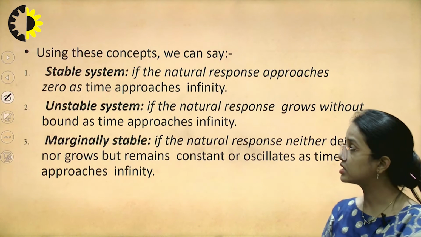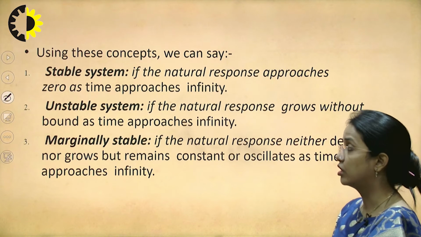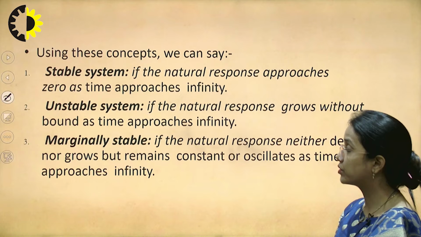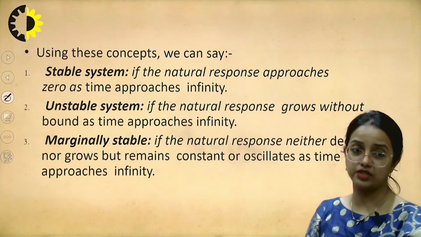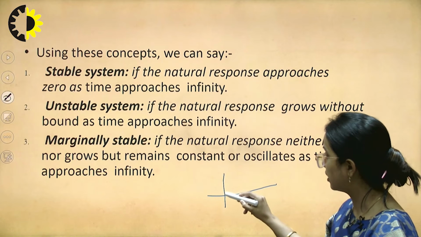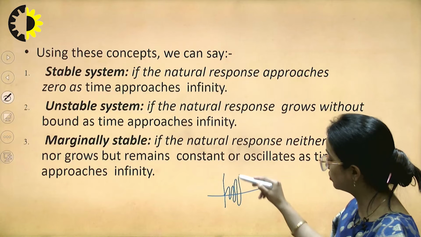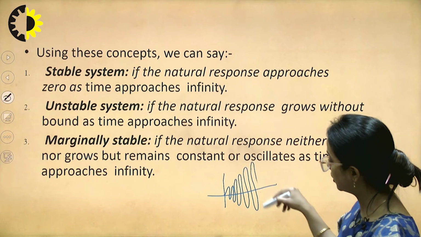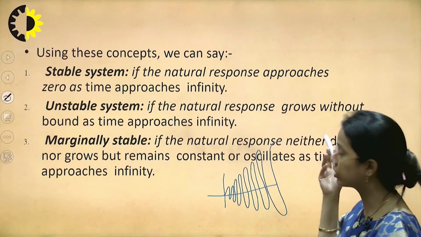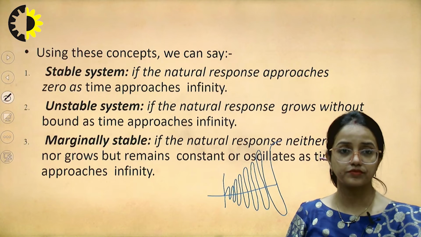Now, what is the unstable system? If the natural response grows without bound as time approaches infinity. I have drawn a previous figure, where the natural response has no bound, and I am not able to predict what will happen next. That is a class of unstable system.